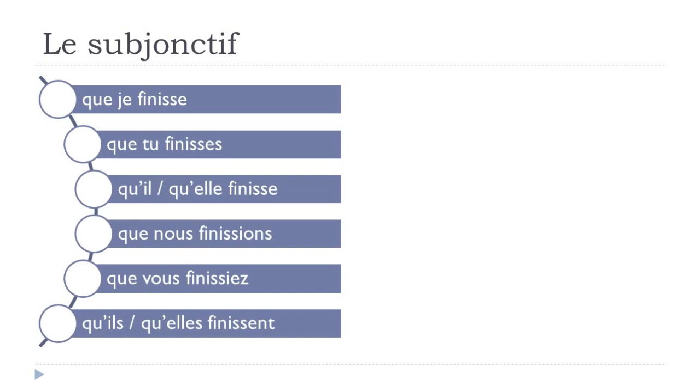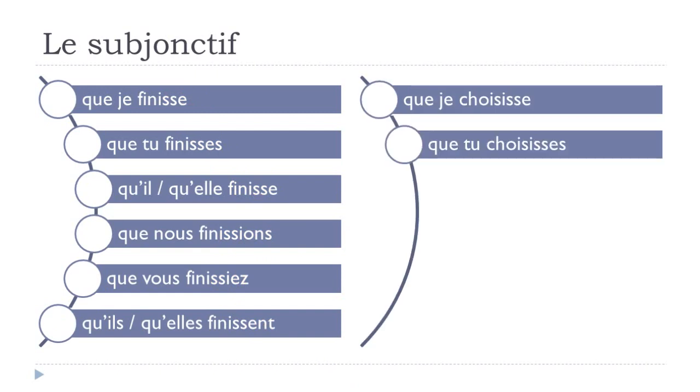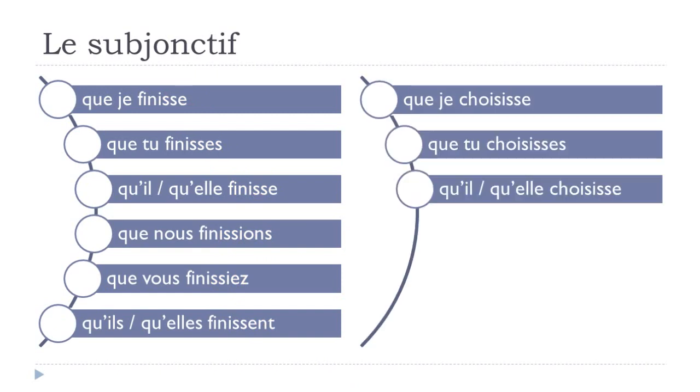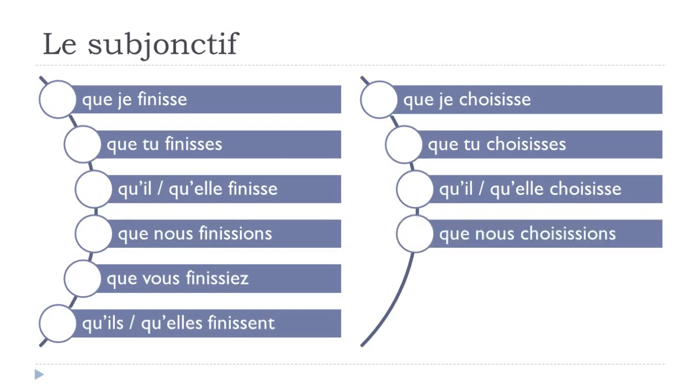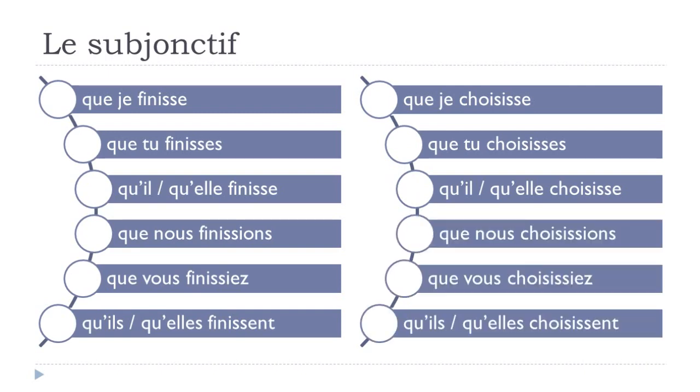Okay, so you can see that you've got the endings e, es, e, ions, sorry, iez, ent. All right. And then, que je choisisse, que tu choisisses, qu'il choisisse, qu'elle choisisse, que nous choisissions, que vous choisissiez, qu'ils choisissent, qu'elles choisissent. All right.